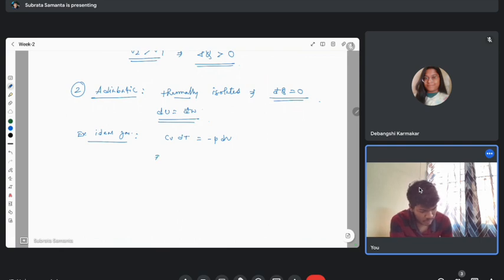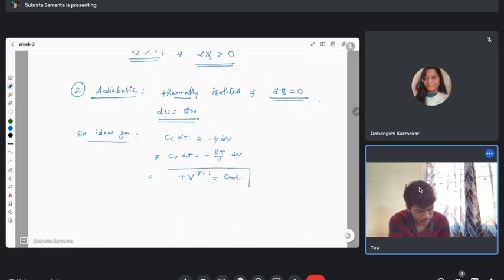The pressure P is actually RT by V. So CV dT is minus RT by V dV. Now integrating, dT by T and dV by V, once you integrate, we get TV to the power gamma minus 1 equals constant.